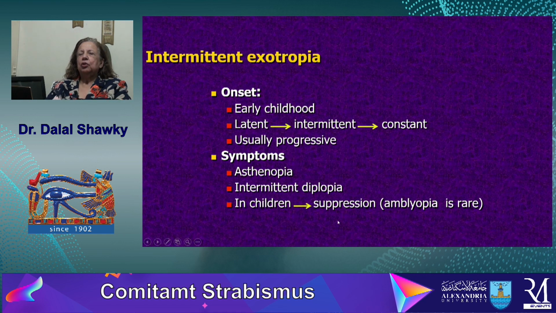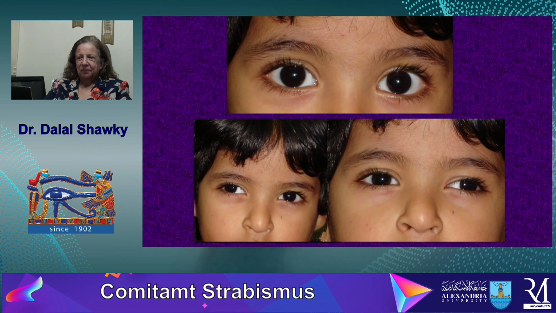Suppression occurs in the periods when the eye is deviated, but since the angle is variable and sometimes the eyes are parallel, amblyopia is rare in intermittent exotropia, and this is something good.